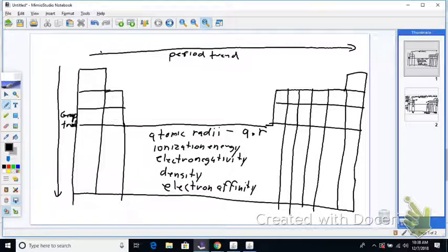IE for ionization energy. Electronegativity, we'll just put ELEC. For density, a D. And then for electron affinity, EA. How's that sound? Does that make sense?